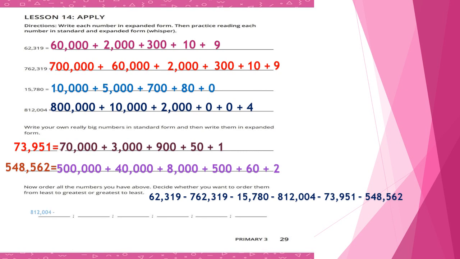Yes, 812,004. Then we write it and cancel it. Now we have here 762,319, 548,562. Then the greatest is 762,319 and cancel it. The last 6 digits, 548,562.